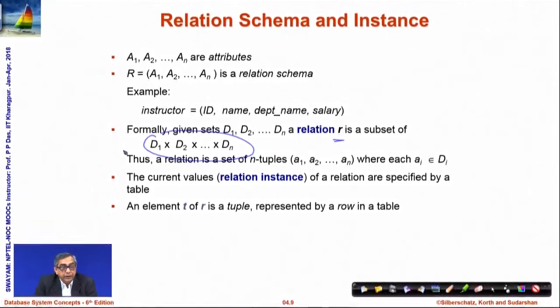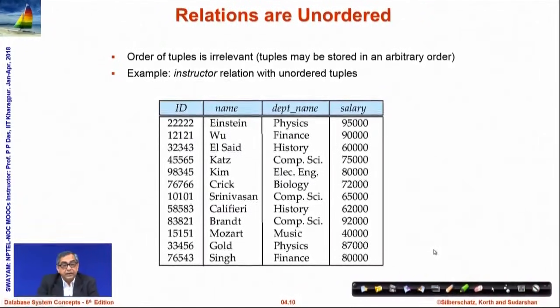We know the elements in a set do not have any ordering, they are unordered. So, a relation is necessarily unordered. It does not matter which row is at what position. If I reorder them, the relation does not change. It is just a collection of this set of rows. That lack of ordering is critical information that we will have to keep in mind.